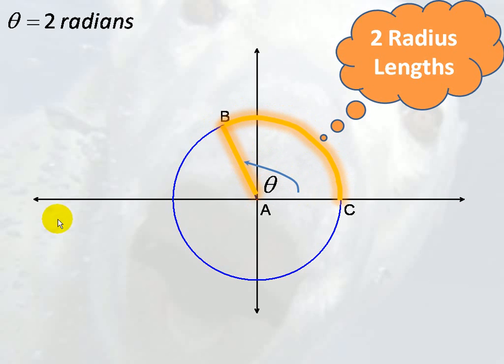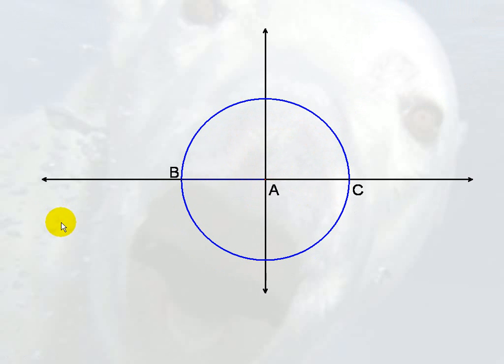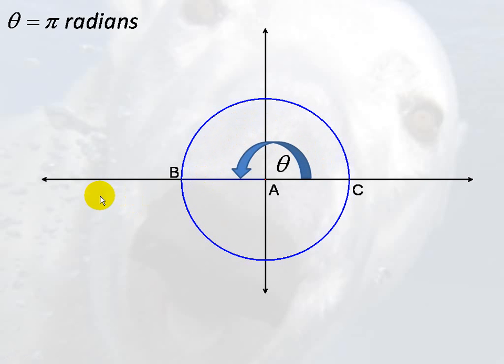So now let's look at what's next. Notice we went 1 radian earlier, then 2 radians. What about if we go all the way and make a half circle? Well, if we do that, we'll find that theta is exactly pi radians. How many radius length arcs are in a half circle?